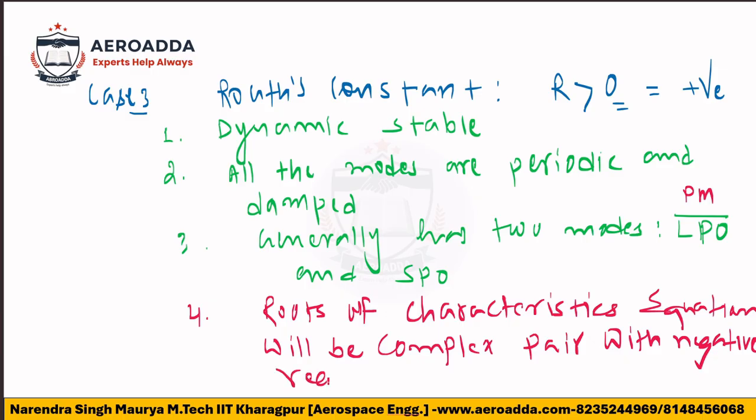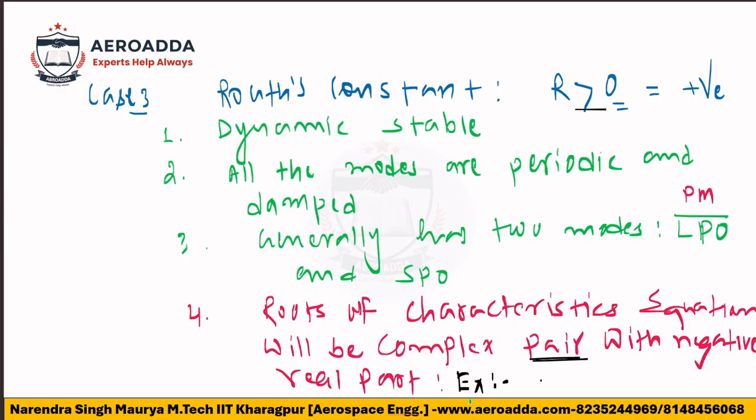I will show an example of how it will be. If you check the R greater than 0 condition, which is stable, the roots of the characteristic equation will be a complex pair. Complex pair means conjugates, but with a negative real part.